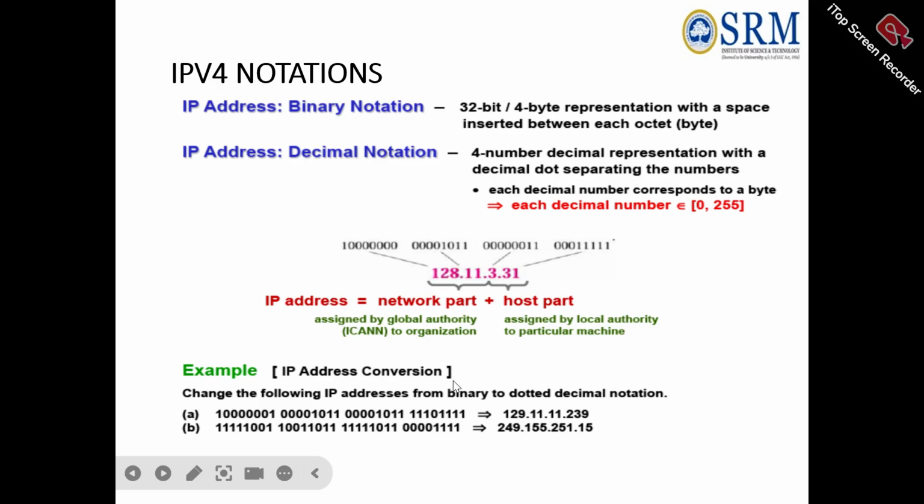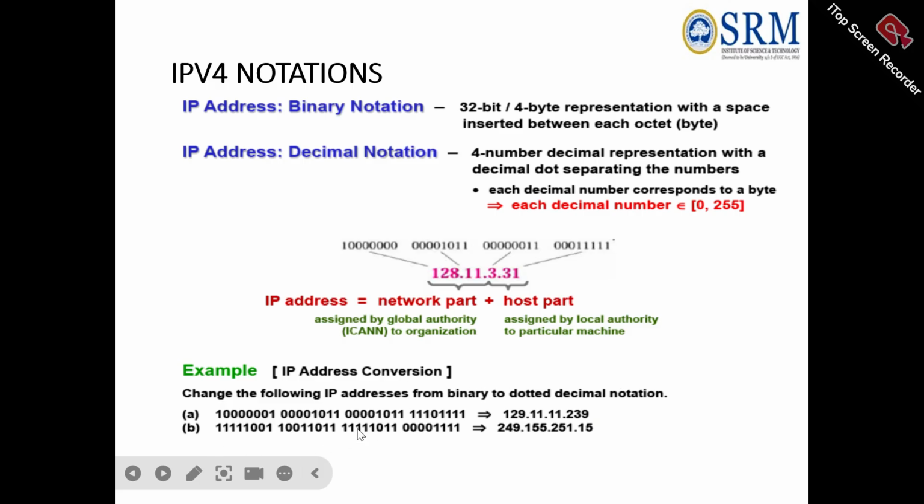Here it is 2 to the power 2, which is 4. In this bit it is 2 to the power 1, which is 2, and here it is 2 to the power 0, which is 1. So 128 plus 64 plus 32 plus 8 plus 4 plus 2 plus 1, the total of this value is 239. In this way we are converting binary to decimal.